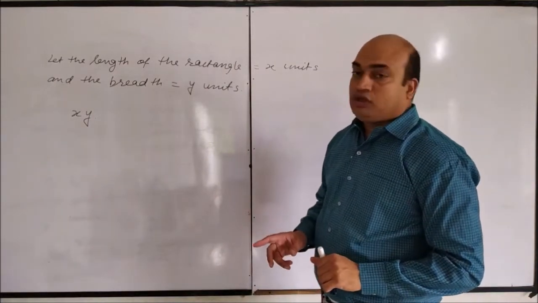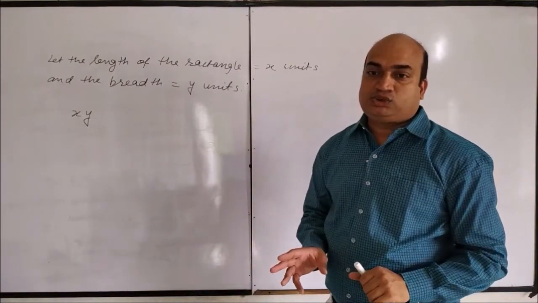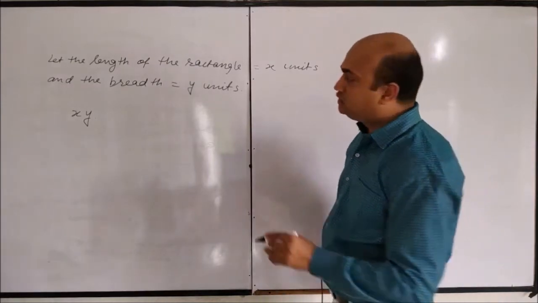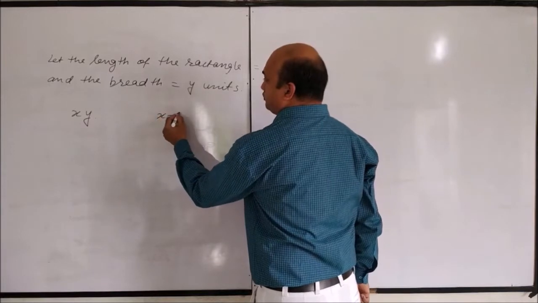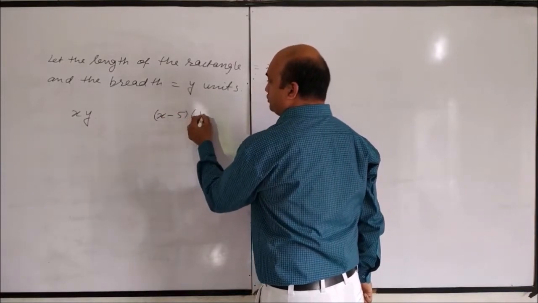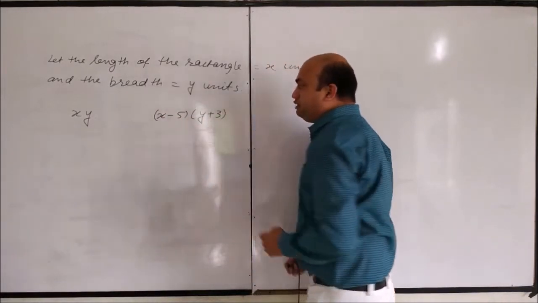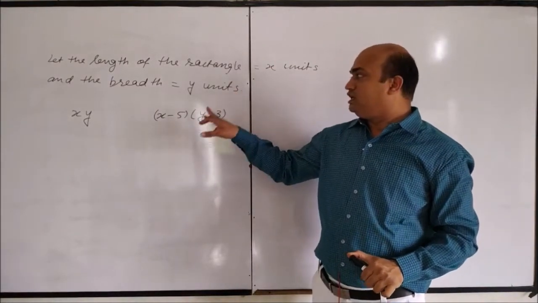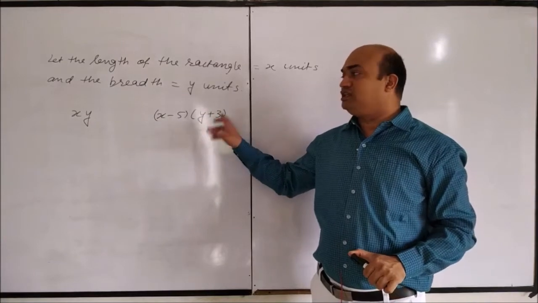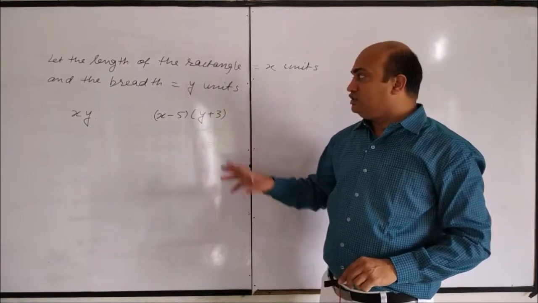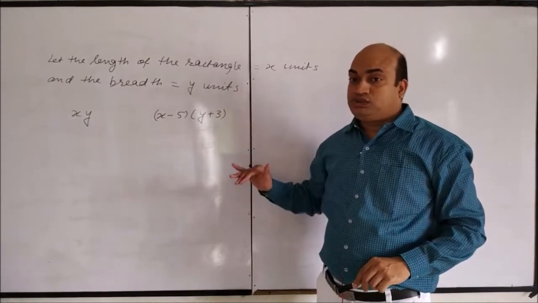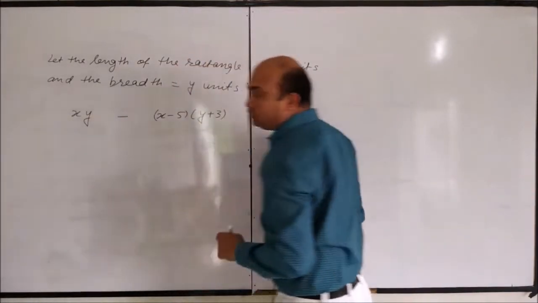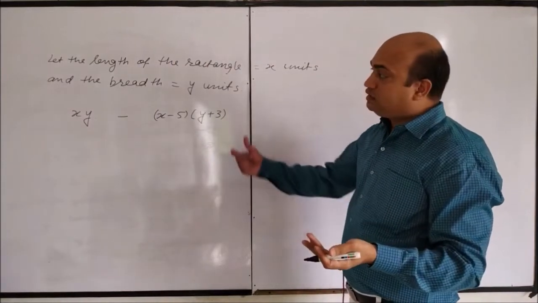You see, if the length is reduced by 5 units and breadth is increased by 3 units, then the new length will become x minus 5 units and new breadth becomes y plus 3 units, and it will be reduced by 9 square units from the previous area.